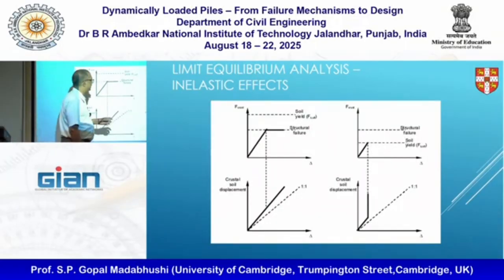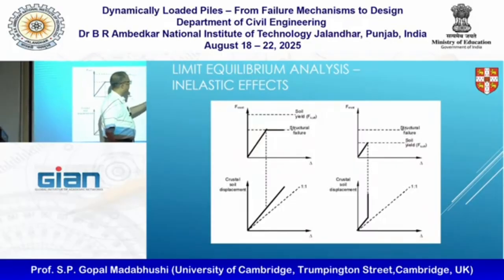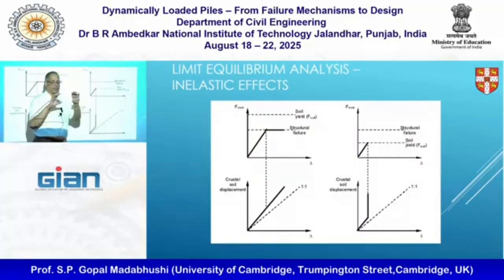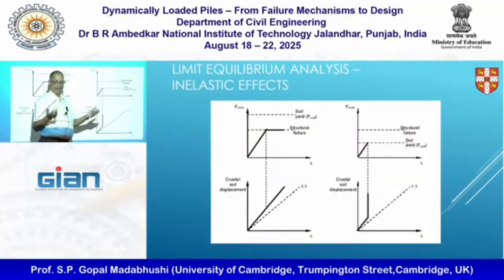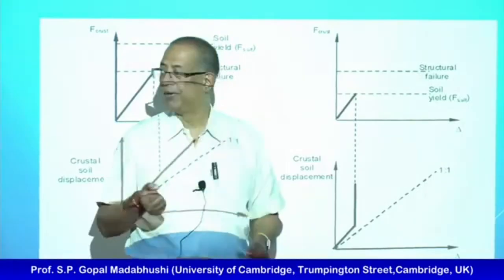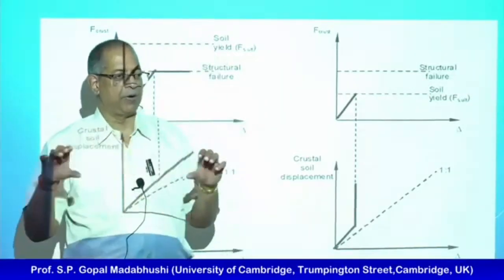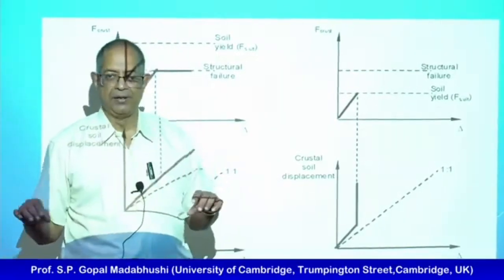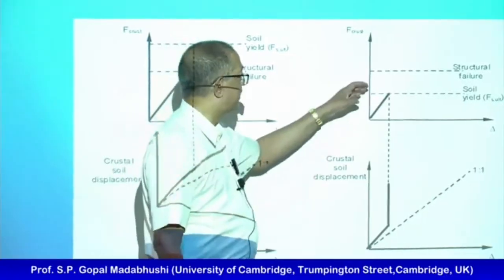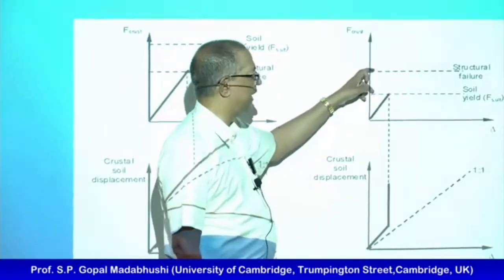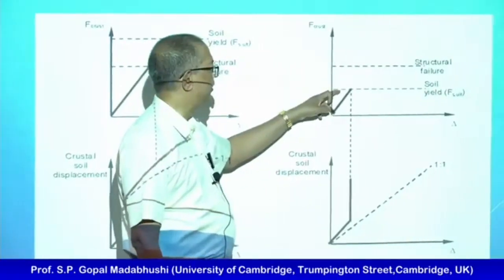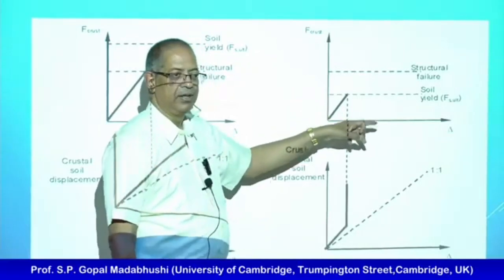But imagine that my soil, the crust soil, is weak. It's not very stiff, non-liquefiable layer. It's fairly soft clay. Then the structural failure will happen much higher compared to the soil yield.